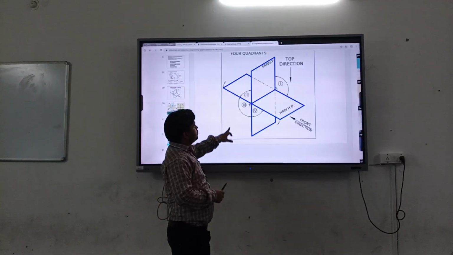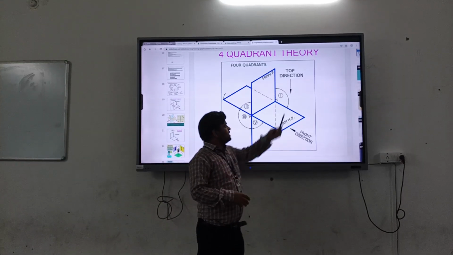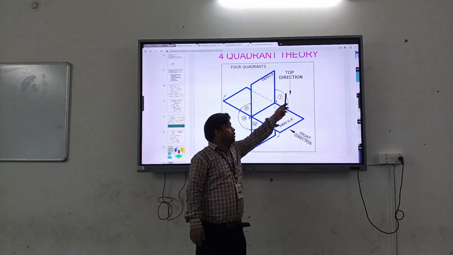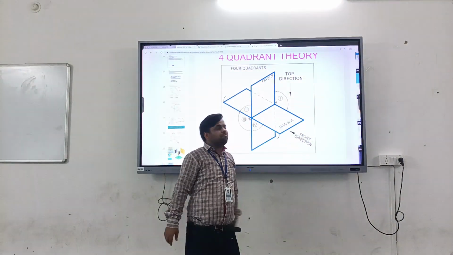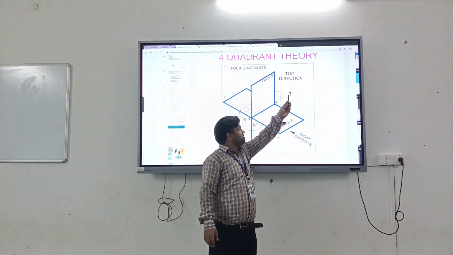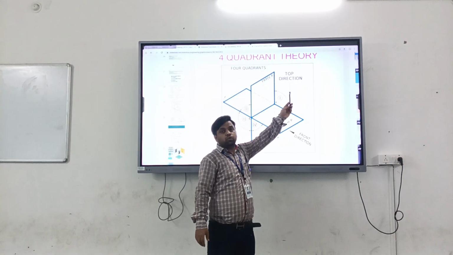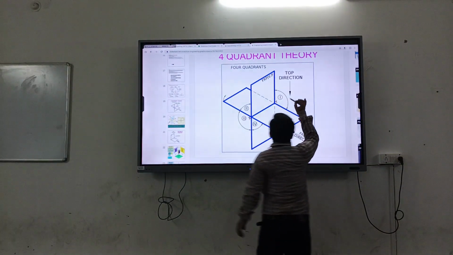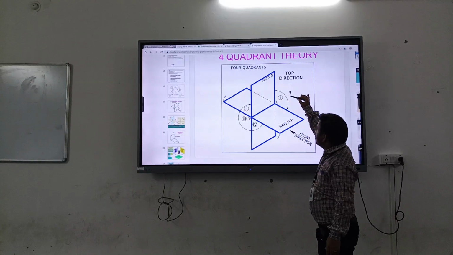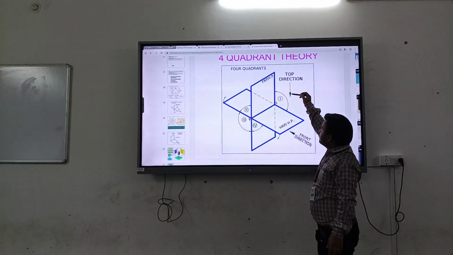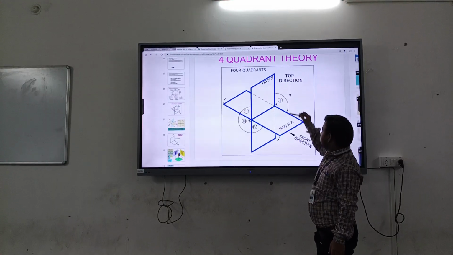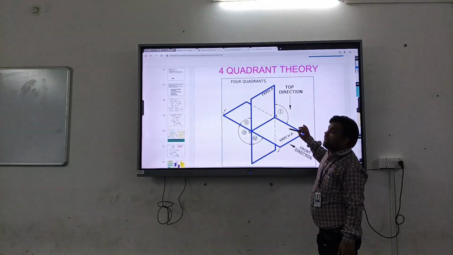So here suppose an object is lying in the first quadrant, above the HP and in front of the VP. If we see the top view, from here, suppose the object lies here, and you see from the top of the object, its top view will lie on the horizontal plane.